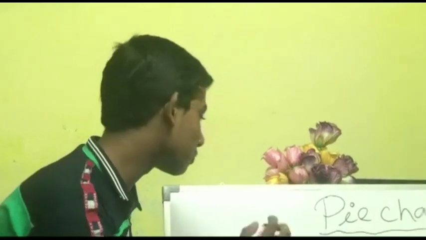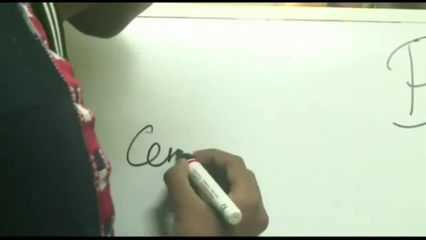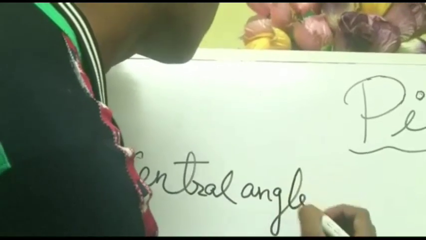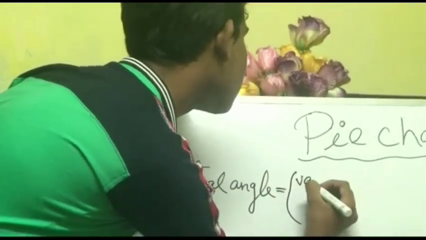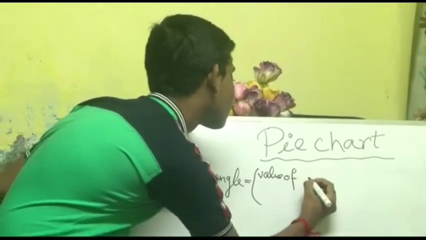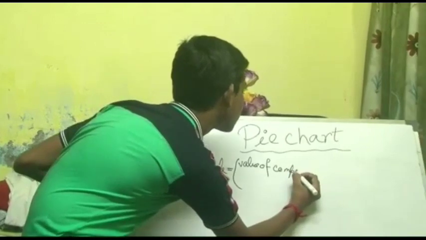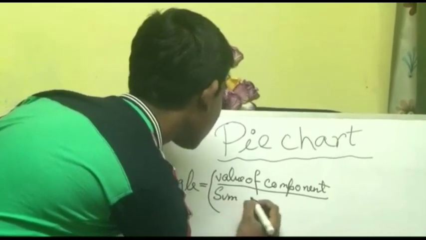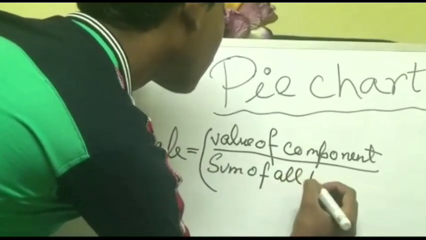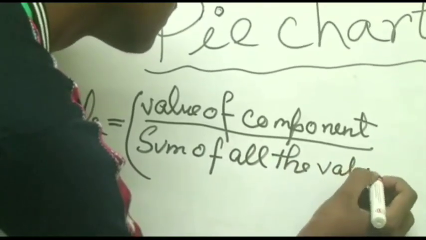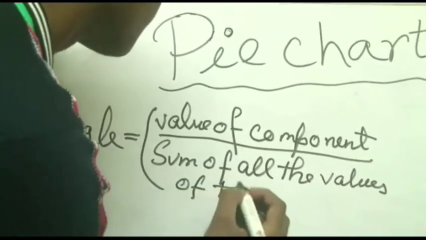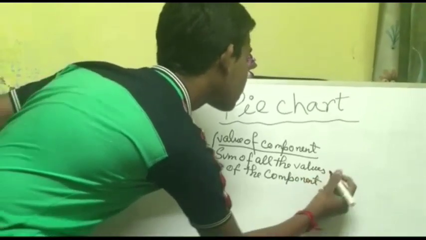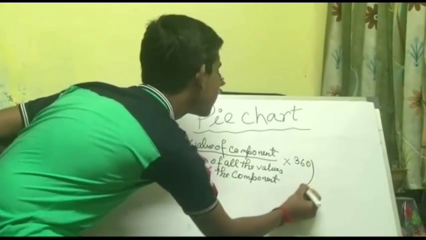That formula I am writing. See on this board. Central angle equals value of component by sum of all the values of the component, into 360 degree.